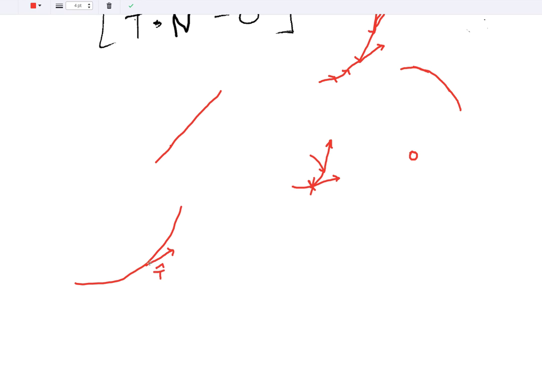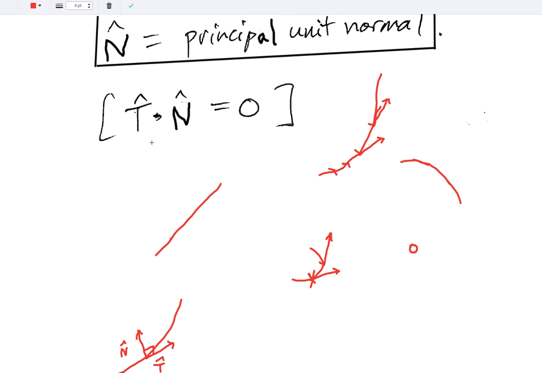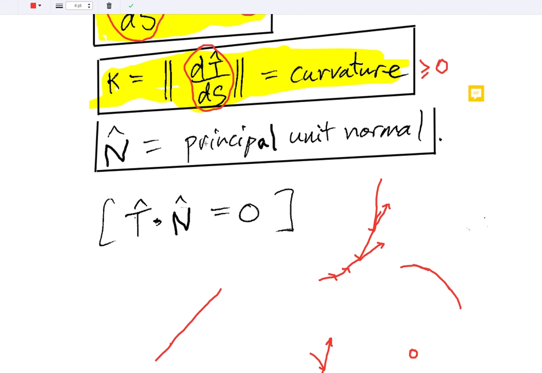The principal unit normal is always going to be pointed towards the inside of the curvature. So this is going to be our principal unit normal. These are always going to be orthogonal to each other.